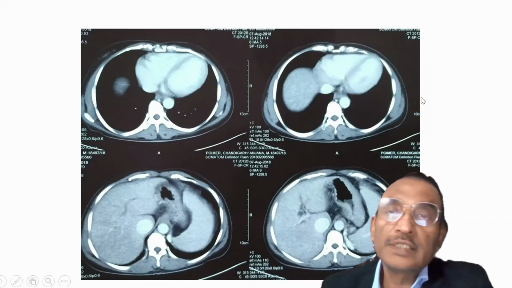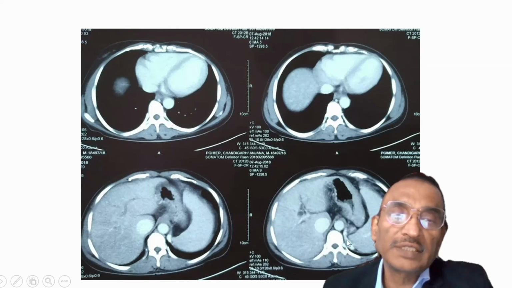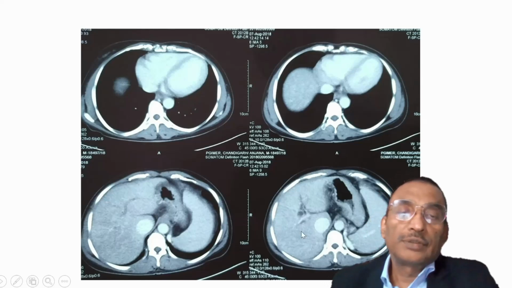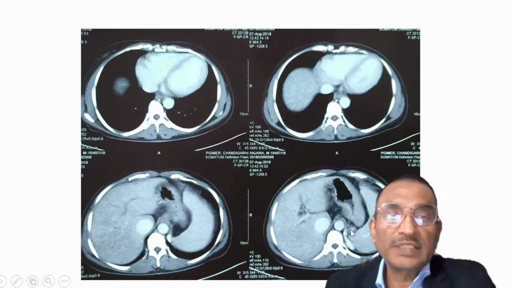So again, what are we seeing here? What you are seeing here is the IVC, and this is aorta, this is stomach, and this is spleen. Spleen appears to be a little enlarged, and this is one of the vessels. We can see whether this is a splenic vein or what. So subsequent films we can see.